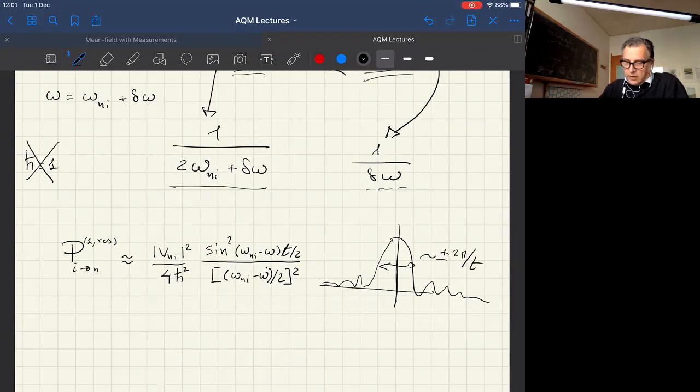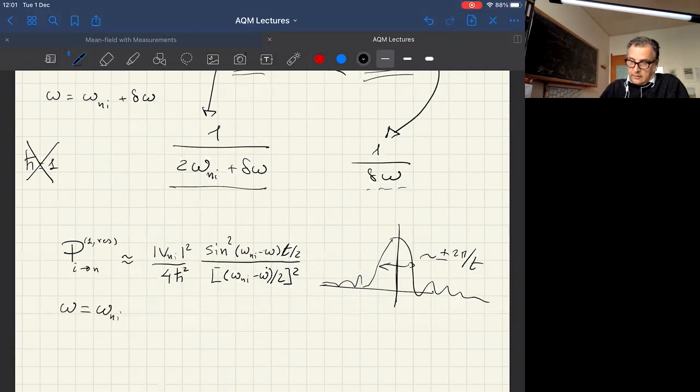Then you see that if you are on resonance, if t becomes too small, then this probability is not anymore a good choice. So for instance, just for simplicity, just take omega equal, just take the resonance condition.